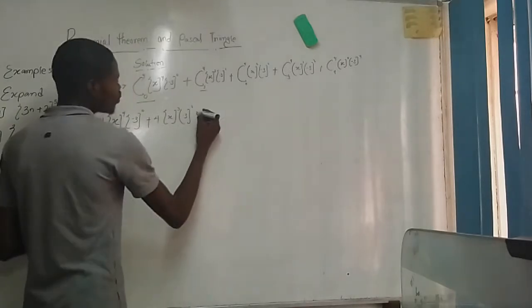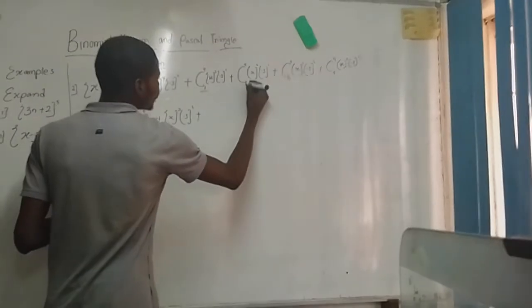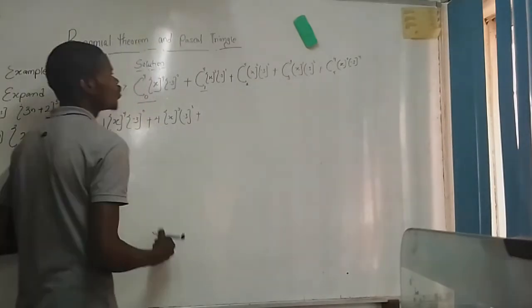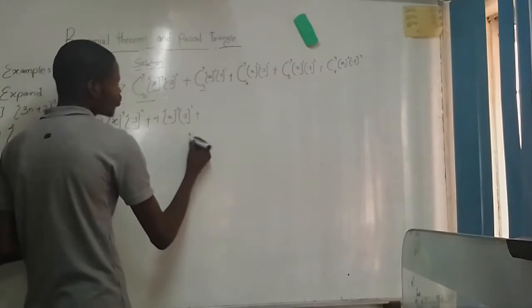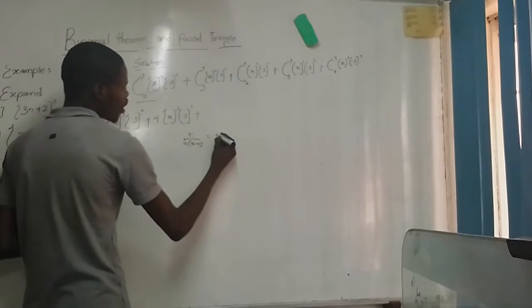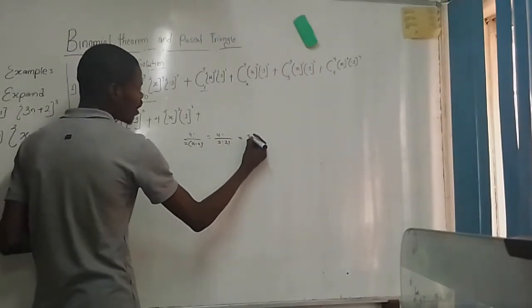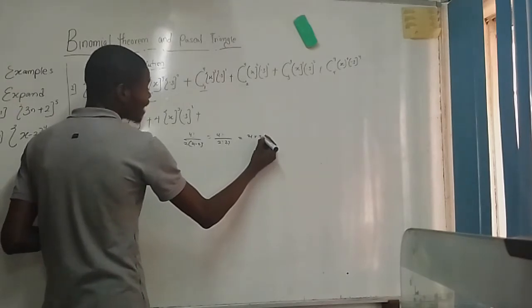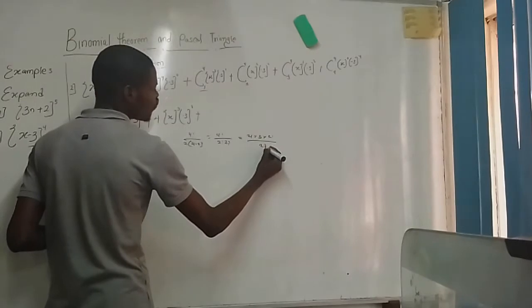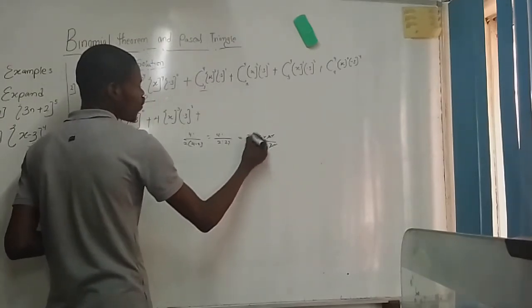So you are going to have plus this. You are having 2. Okay, let me say 4 factorial over 2 factorial, open bracket 4 minus 2. You are going to have 4 factorial over 2 factorial over 2 factorial. You are going to have 4 times 3 times 2 factorial over 2 factorial over 2 factorial. 2 factorial cancels 2 factorial. 2 factorial in 4 is what? 2.